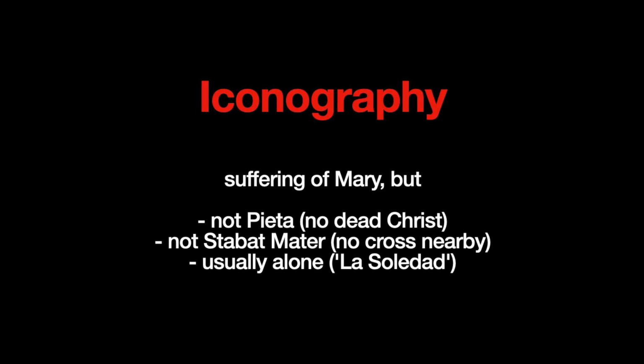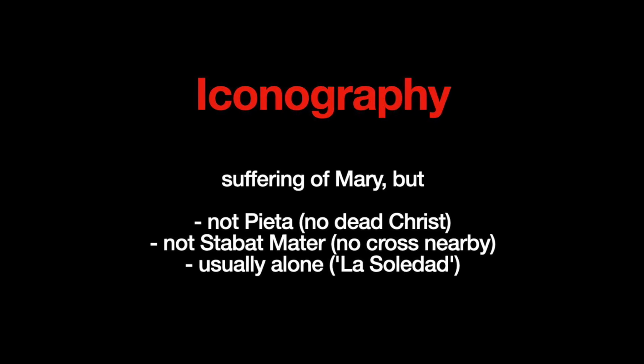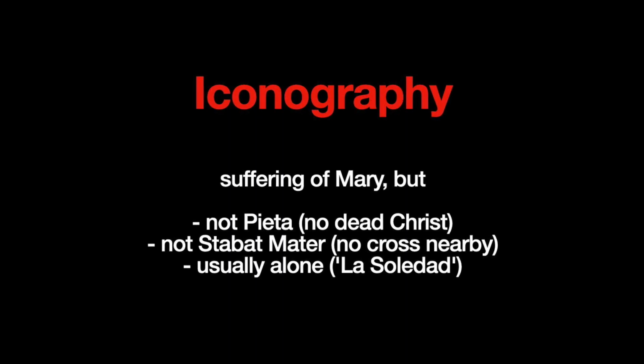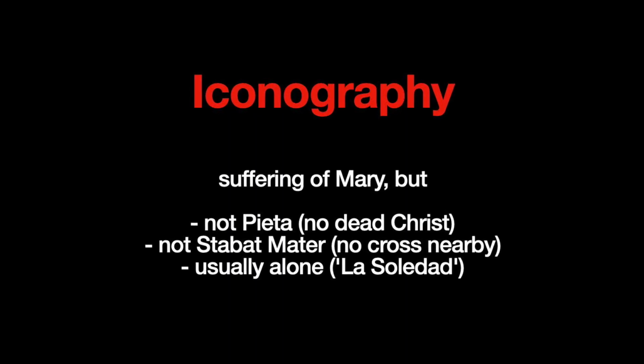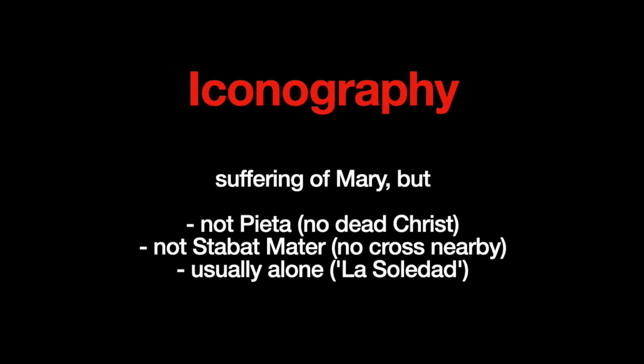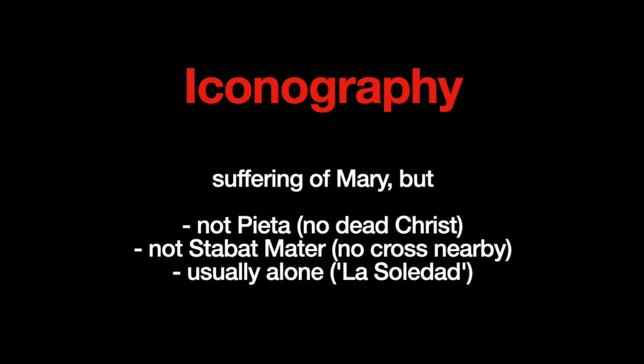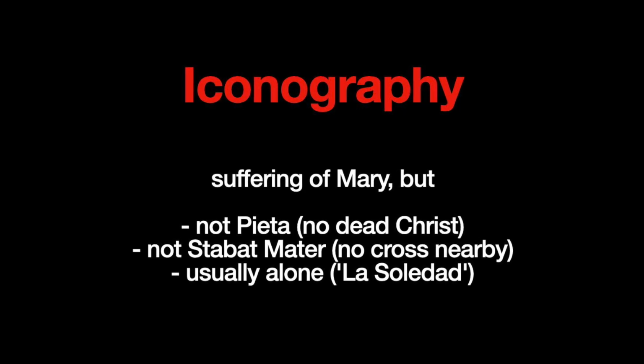And if we keep that in mind, then that will help us remember that if we see these features, but we also see Christ on the cross, or we see the dead Christ draped across Mary's lap, we know we're not looking at La Soledad or the Virgin of Sorrows. What we're seeing is a different iconographic tradition.